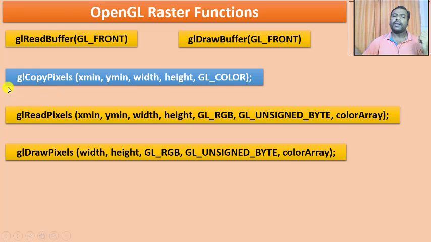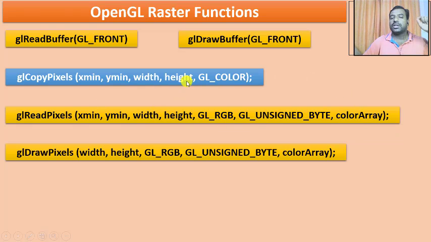And one more API is going to be GL copy pixel, which just copies the information into the default pixel area, the default array of OpenGL. Here you are creating an array and you are saying to which buffer or array the pixel information should be copied.